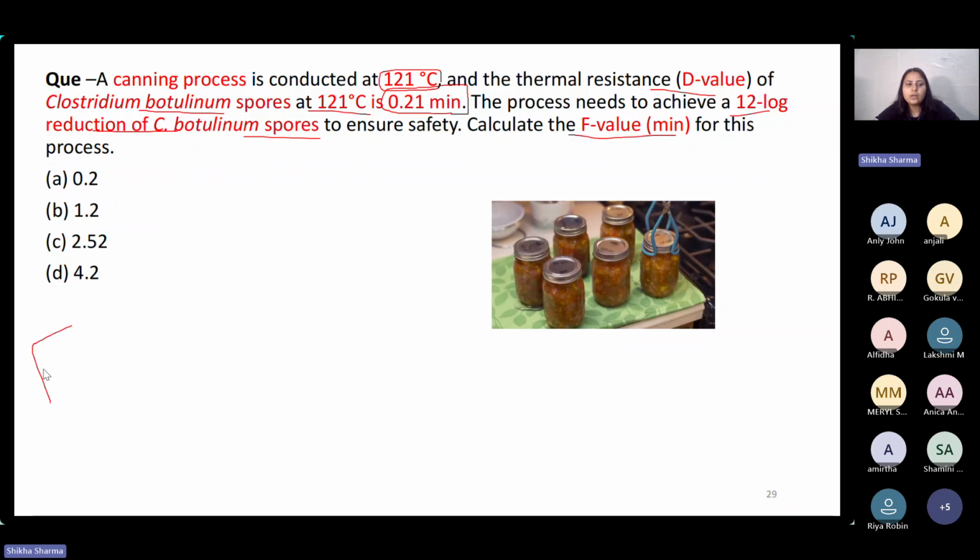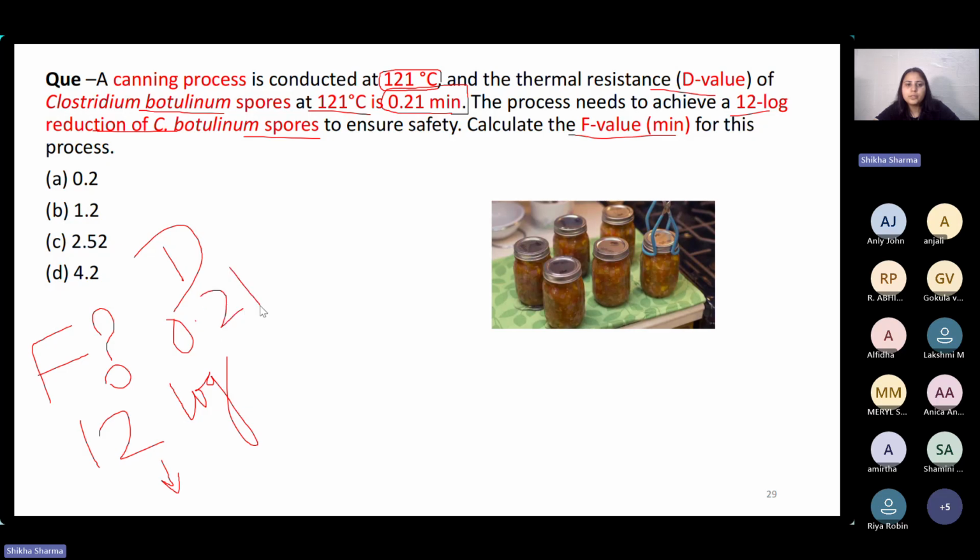So here we need to calculate the F value, and it is given that we need to achieve 12 log reduction. D value is given already as 0.21 minutes. Temperature is also given, that we are processing all this at 121 degrees Celsius.